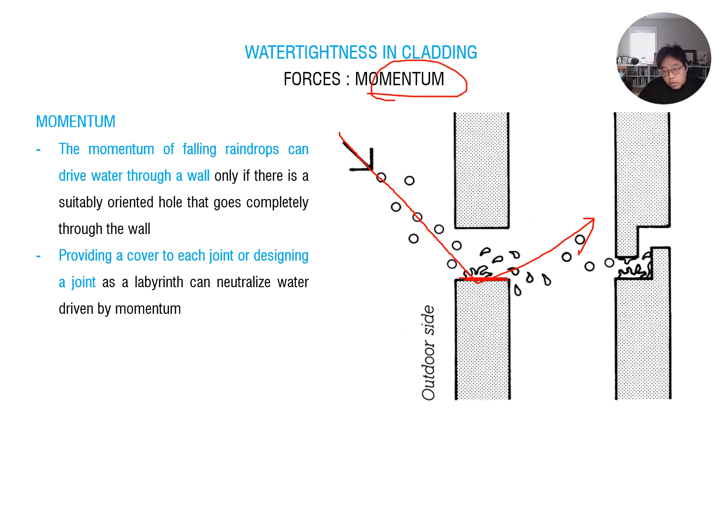So when you design the cladding system, you have to provide this kind of dam, which we can call the Leverance joint. When water touches it, it is blocked and comes back. That's why, rather than a totally flat surface, you have to consider these Leverance joints to protect against these momentum forces.